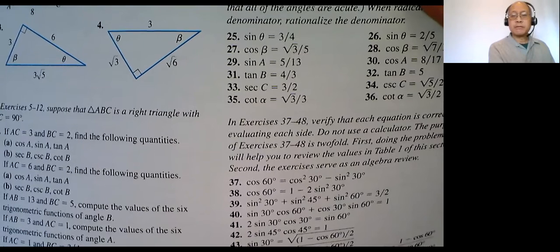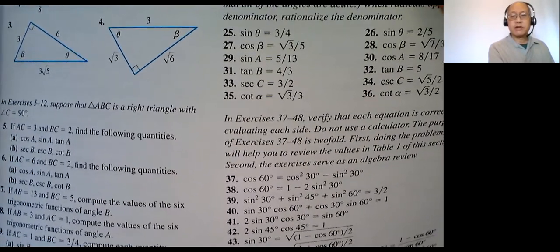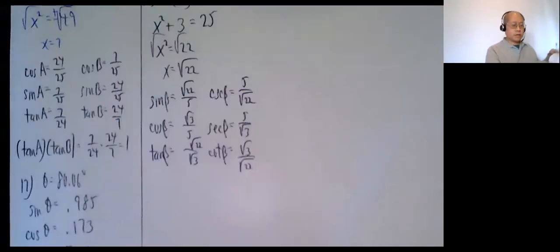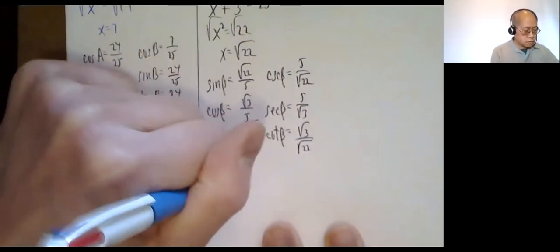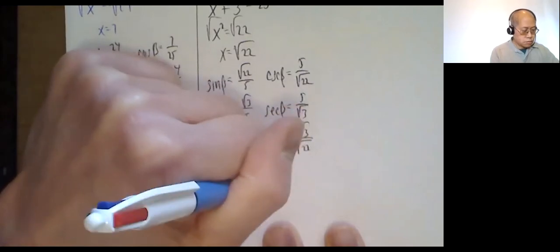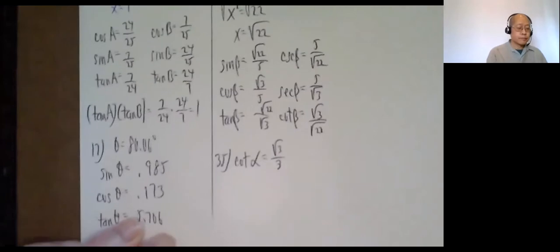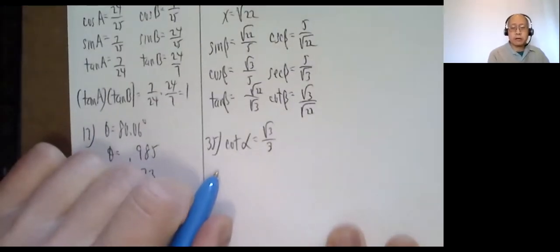How about I do 35? Cotangent alpha is radical 3 over 3. All right, let's switch to the reciprocal.